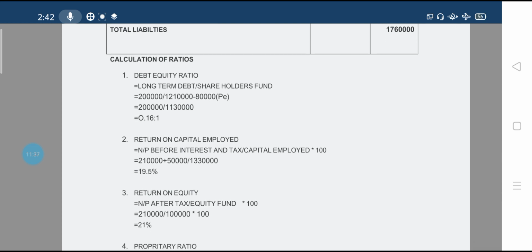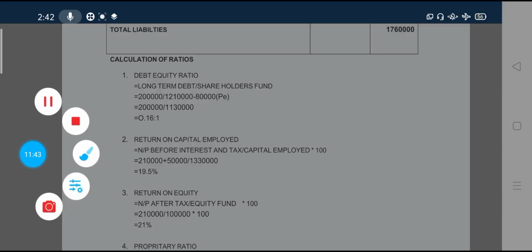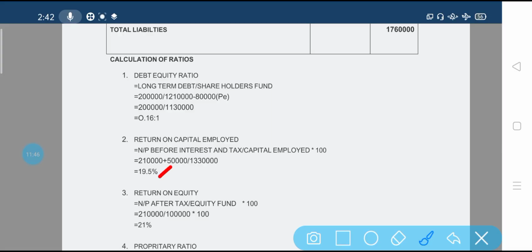So the percentage will be 19.5%. The return on capital employed is 19.5%.